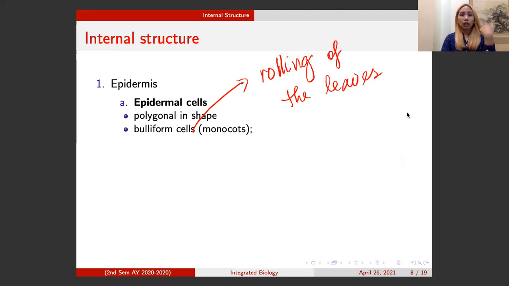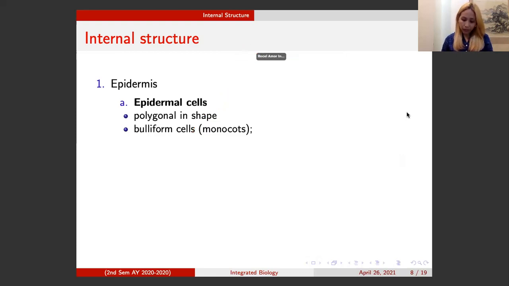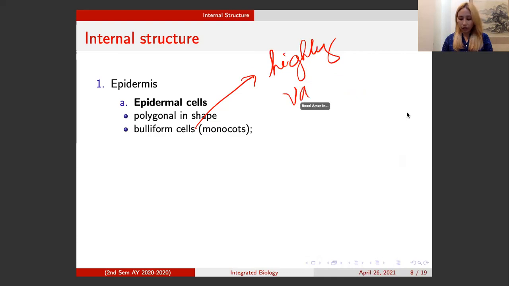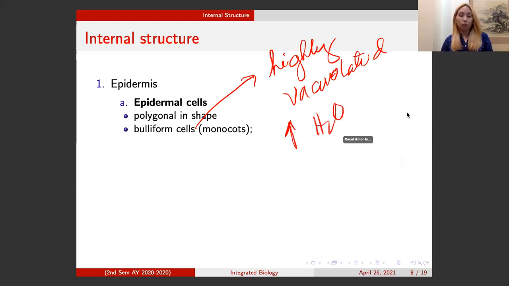Bulliform cells are larger than most normal epidermal cells, and they are highly vacuolated and they contain water. So this would be their function. Since they are highly vacuolated, they of course contain a high amount of water.